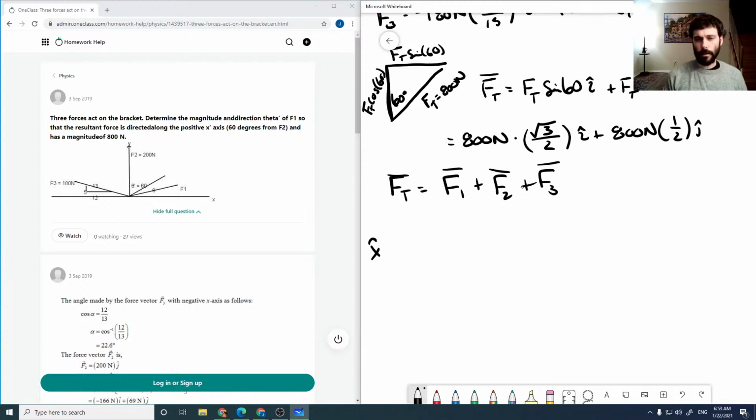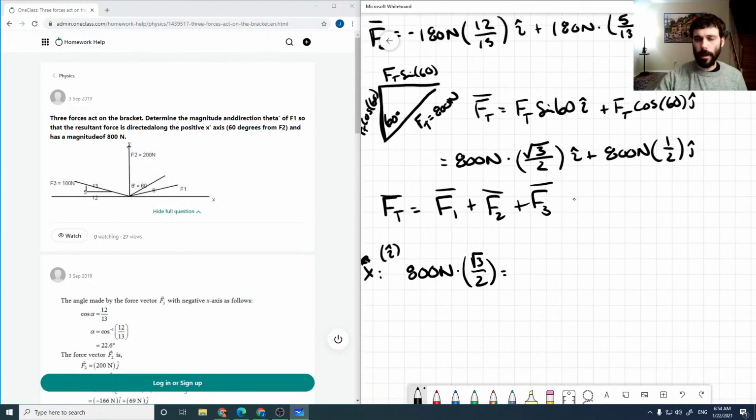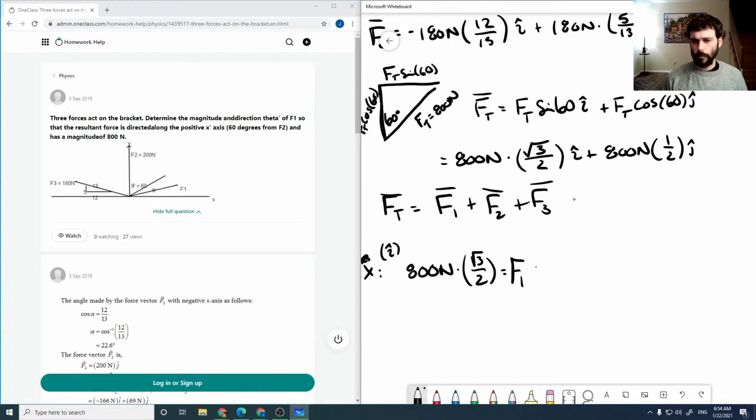So if we look in just the x direction, or the i hat direction, so just take the i hat components, we have 800 newtons times root 3 over 2 is equal to our F1, which is just F1 cos phi, plus our F2, which is 0 in the x direction, plus our F3, which is minus 180 times 12 over 13.